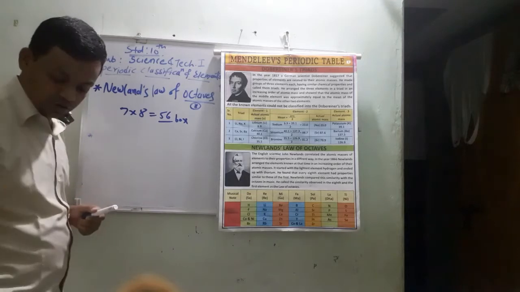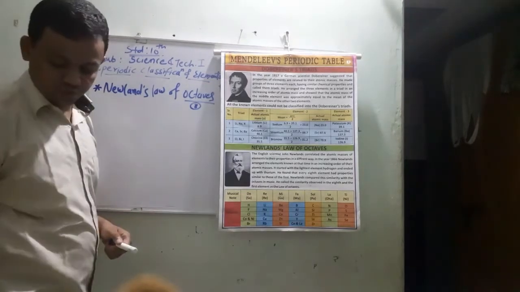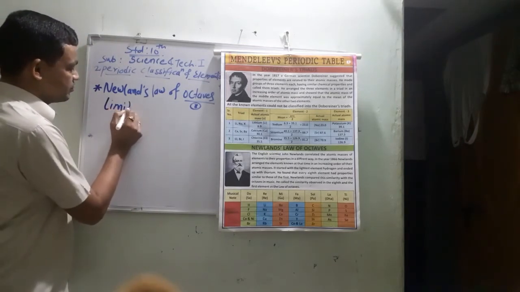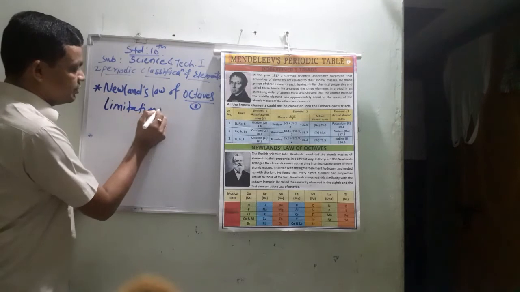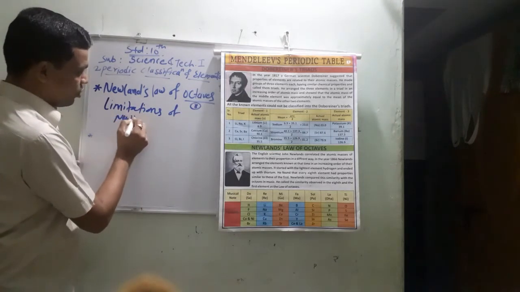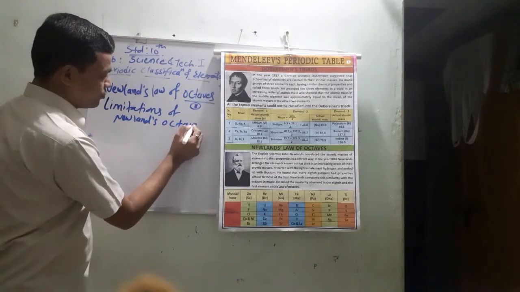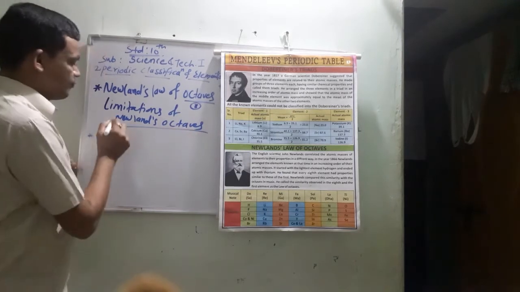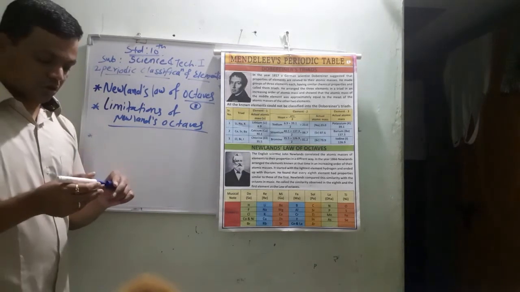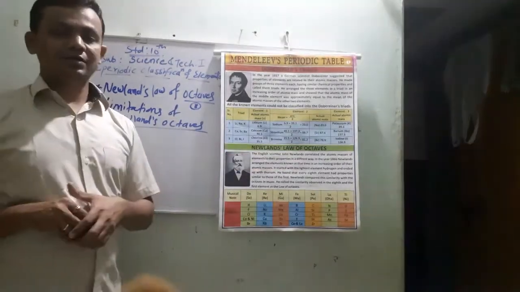So the next point is limitations, or drawbacks, of Newland's octave. So what are the limitations of Newland's octave, or what are the demerits of Newland's octave?